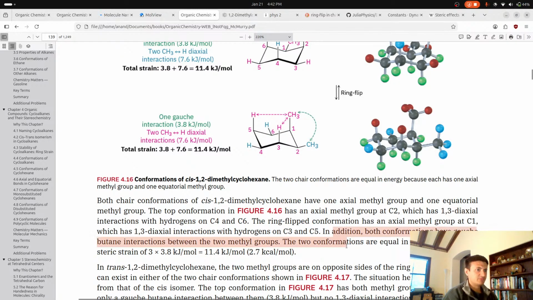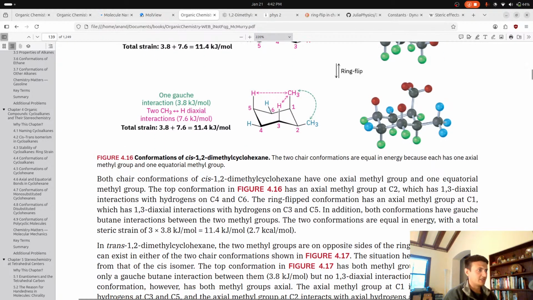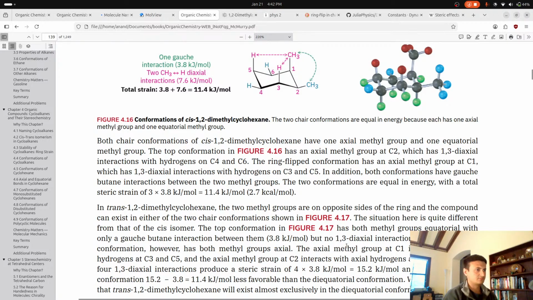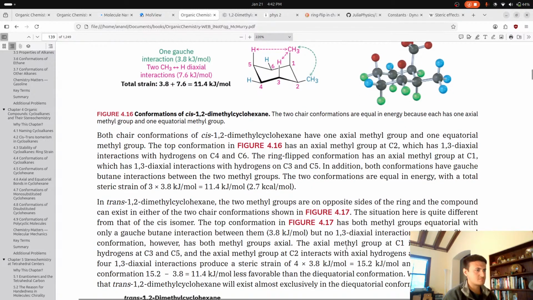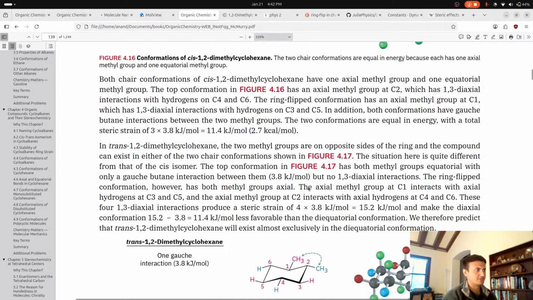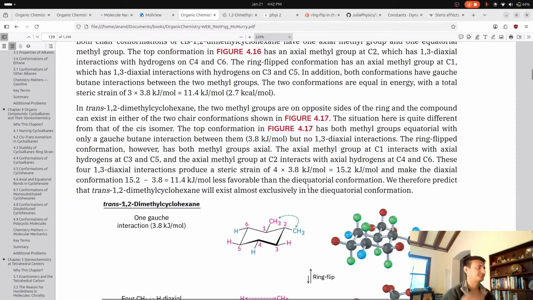In addition, both conformations have a gauche butane interaction. The 2 conformations are equal in energy with a total steric strain of... Okay, now the trans. In trans 1,2-dimethylcyclohexane, the 2 methyl groups are on opposite sides of the ring.